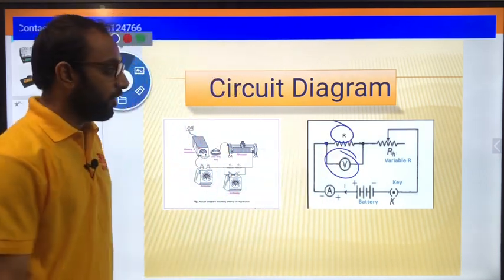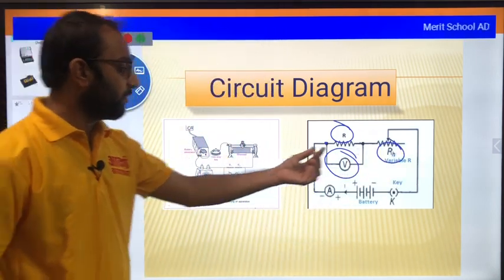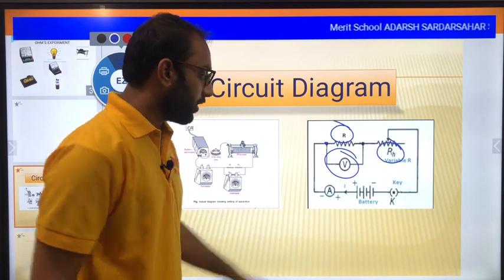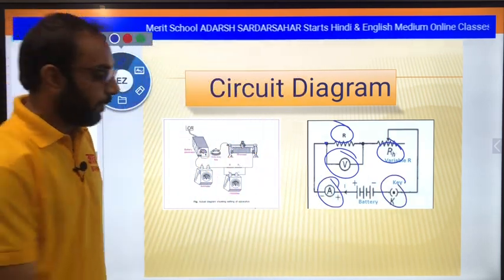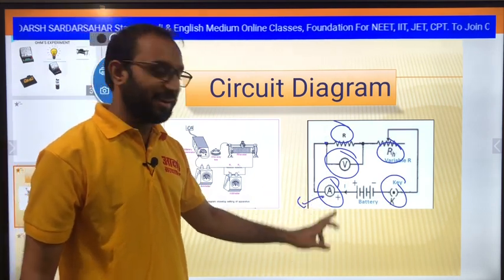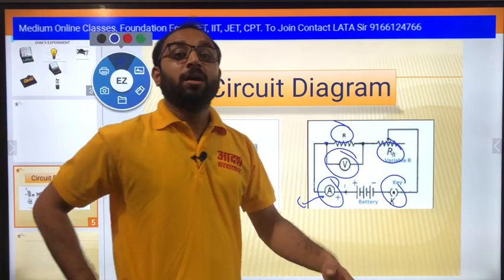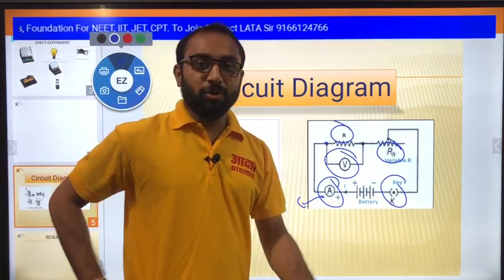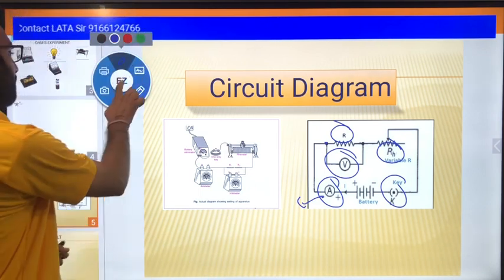This is a load. What is a rheostat? A rheostat provides variation in potential or current. This one is the plug key and this one is the ammeter. The ammeter is always connected in series, and the voltmeter is always connected in parallel to the load.